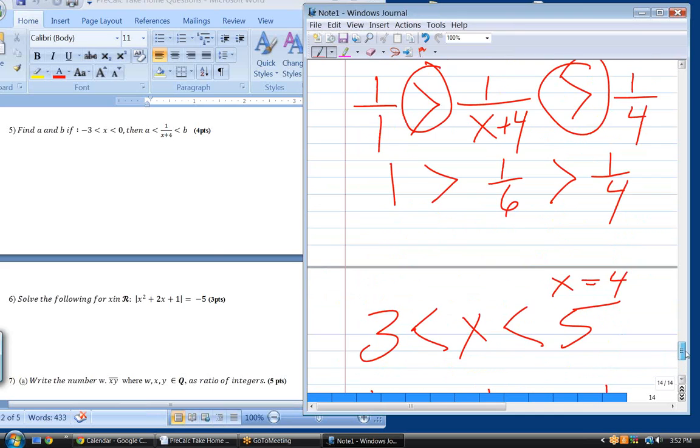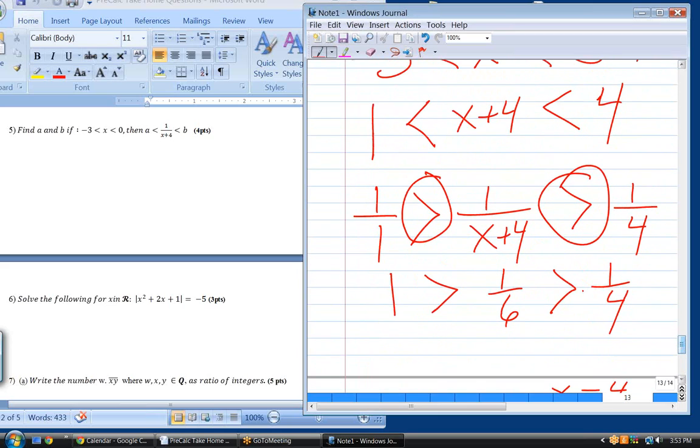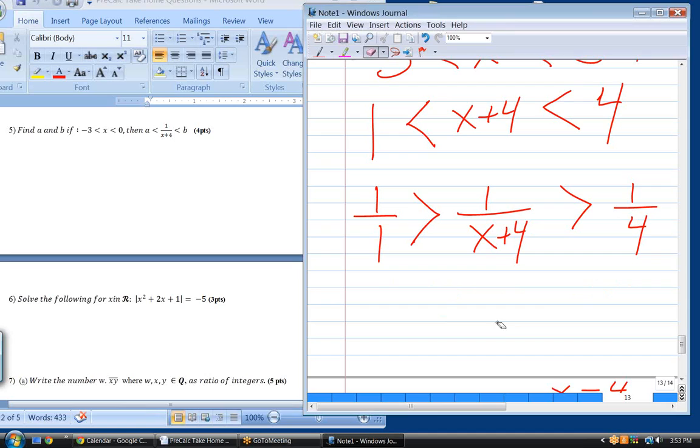You know, let's go back and look at that problem. I might have just made a math error. In other words, is this statement true? No matter what x is, 1 is going to be greater than that. And when x is 3, this isn't even true.